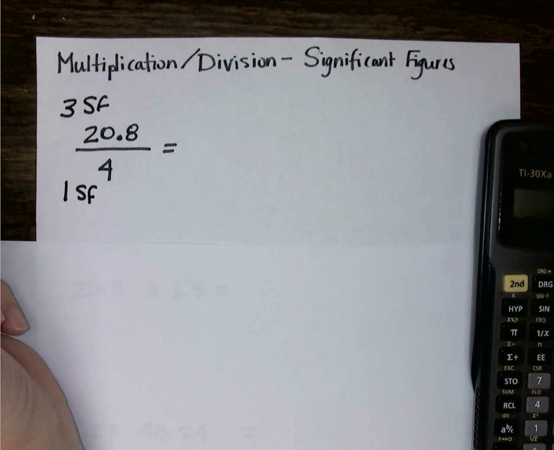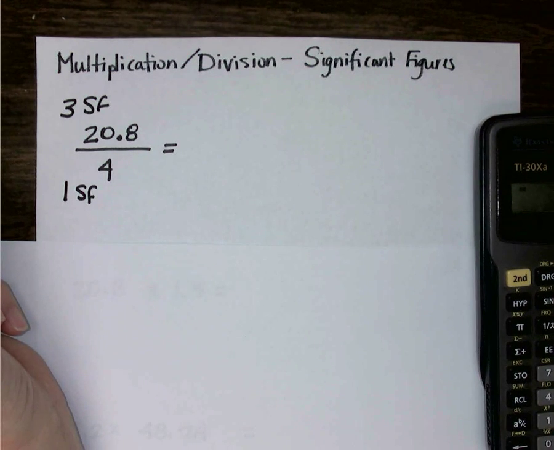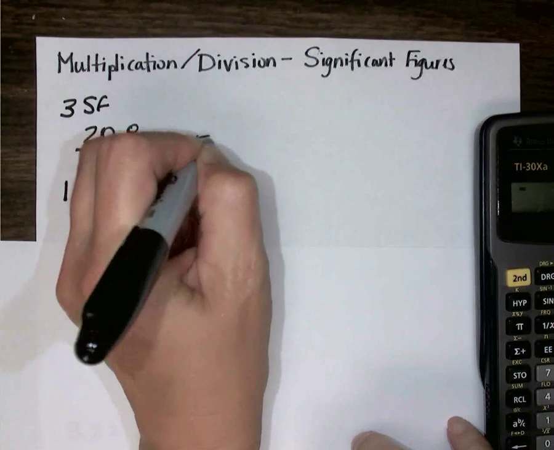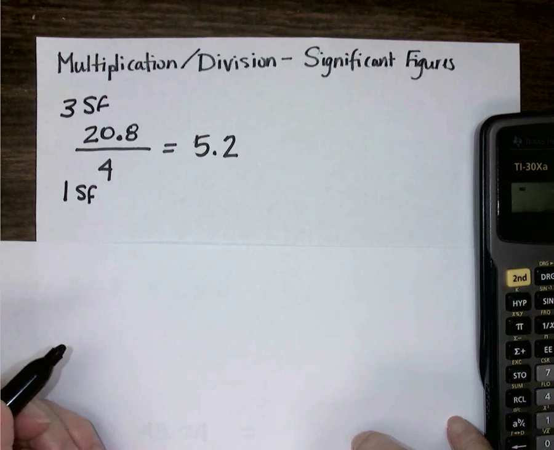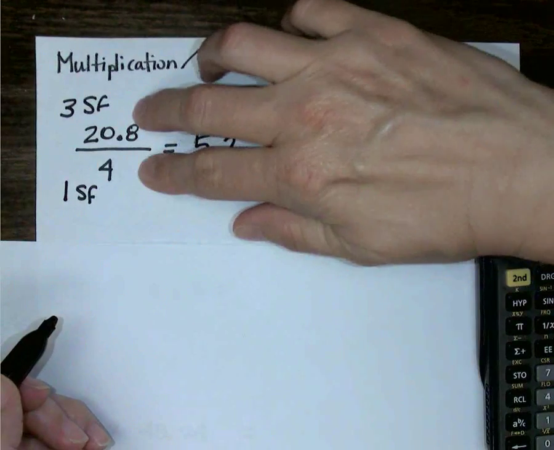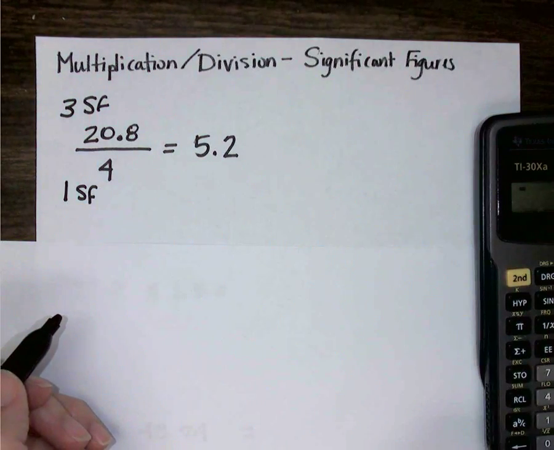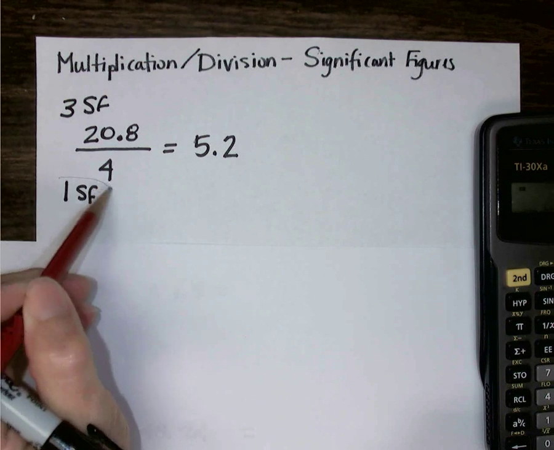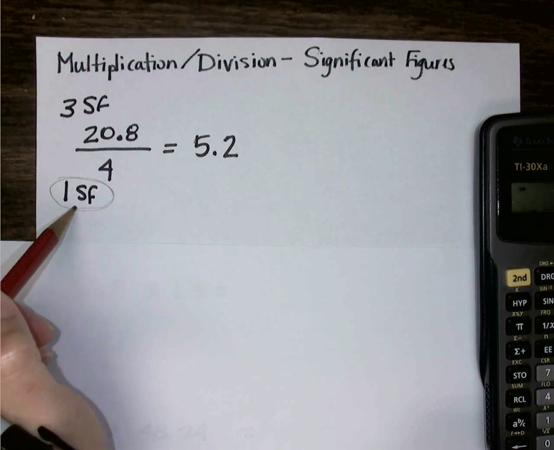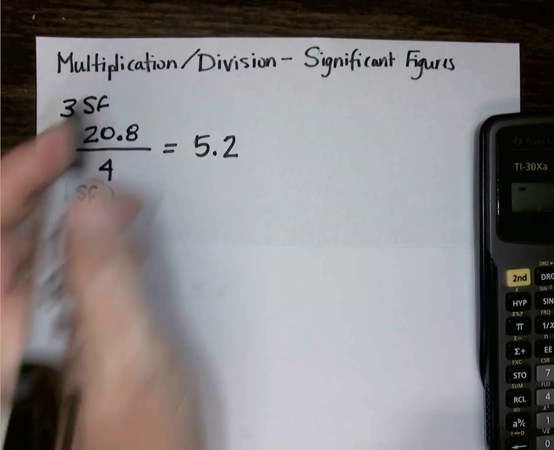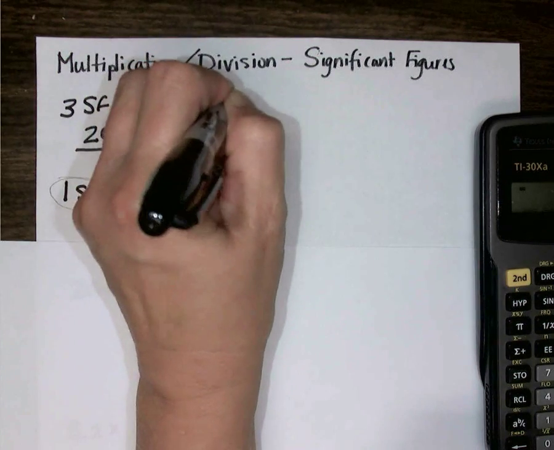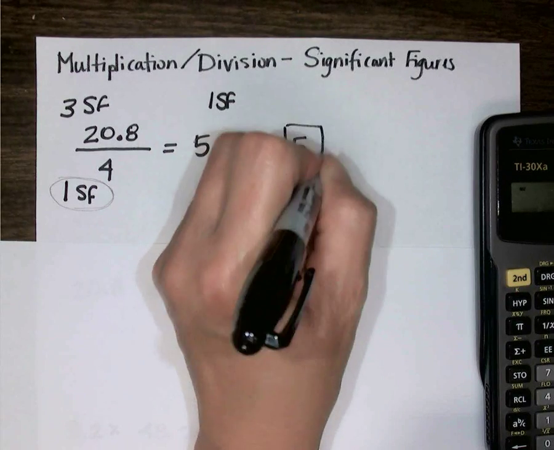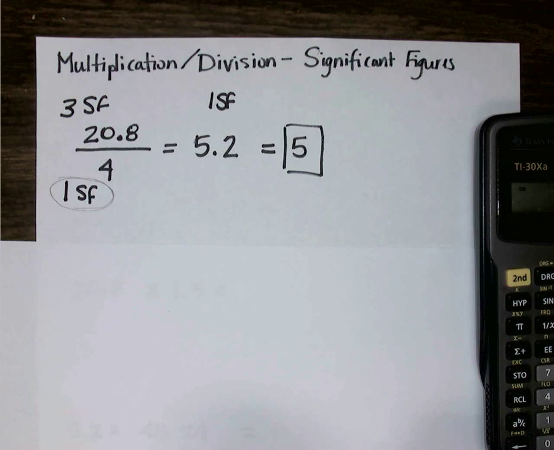We do the calculation on the calculator, and the calculator tells me that the answer is 5.2. But when I consider these two numbers, I see that one significant figure is the least precise piece of information. And so my answer can have only one significant figure. I round this answer to one significant figure and report it as 5.